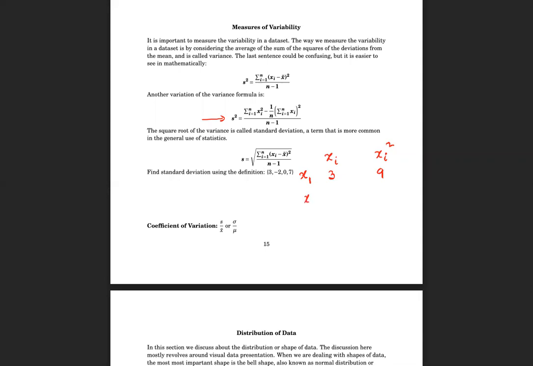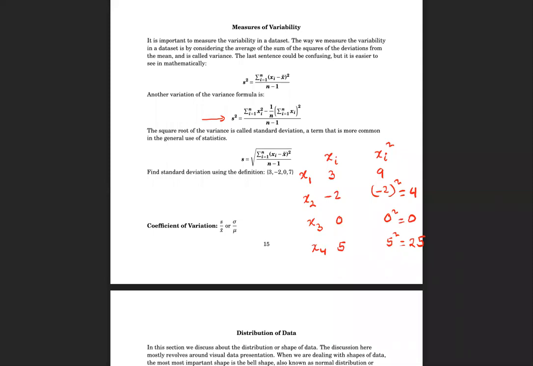Your x2 is -2, so -2 whole square is 4. x3 is 0, so 0 square is also 0. x4 is 5, 5 square is 25.